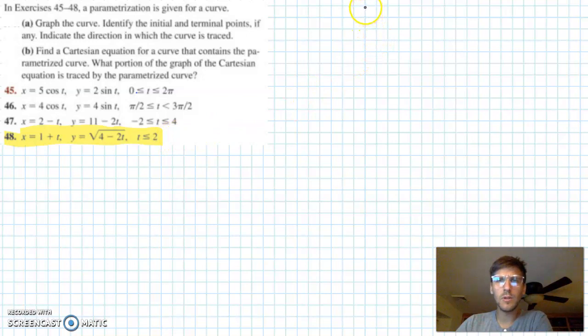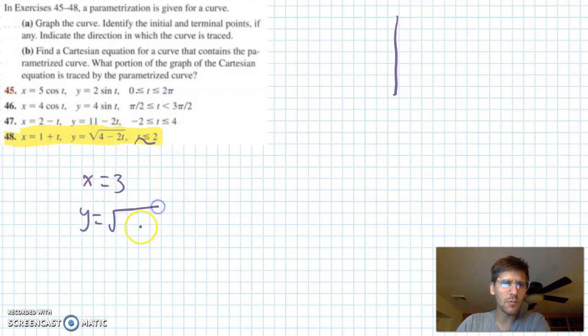But if we look at the graph here, we could just try plugging in t at 2 to see the upper bound. If we do that, x would be 3, because 1 plus 2. In that case, y would be the square root of 4 minus 2 times 2, or 0. So we have the point (3, 0).